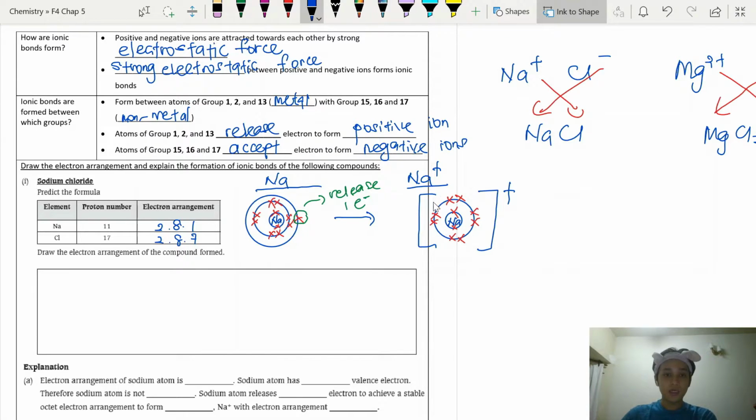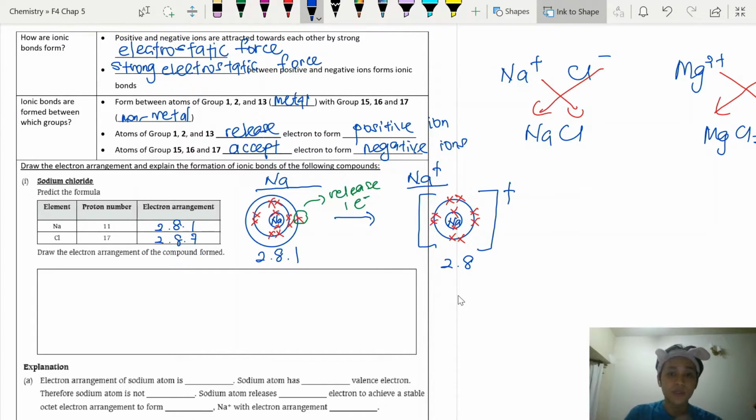When you draw the electron arrangement for an ion, remember you need to put in the bracket, close the bracket, and then put in the charge. Charge will depend on how many electrons are released. Release 1 electron, positive. Release 2 electrons, 2 positive. If we compare, the sodium atom is 2, 8, 1, but for sodium ion, since I removed 1 electron, the electron arrangement becomes 2, 8.